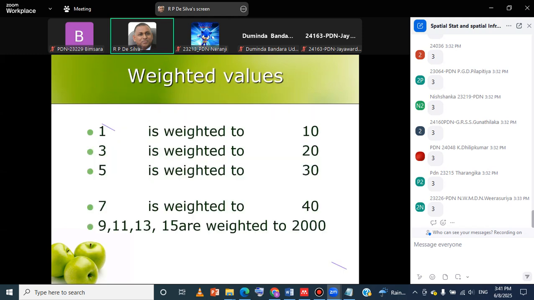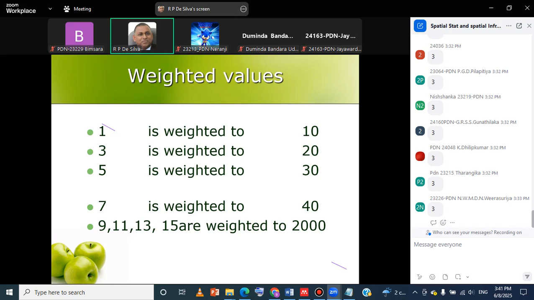This is the cost. If the land use is 1, cost is 10. If the land use is 3, cost is 20. If the land use is 5, cost is 30. If the land use is 7, cost is 40. All the other land uses 9, 11, 13 and 15 cost 2000.